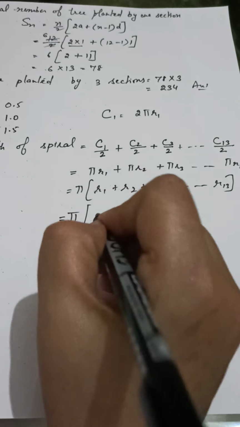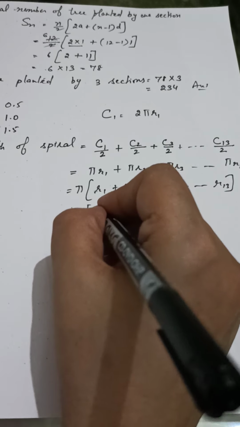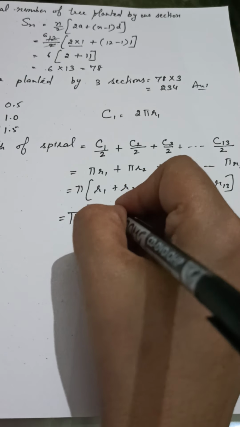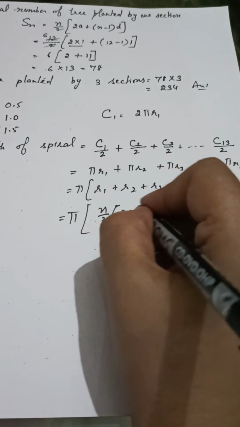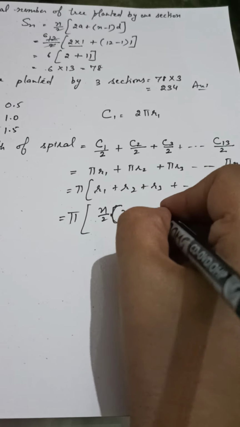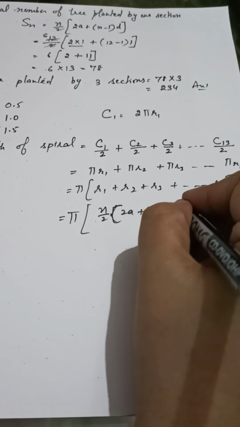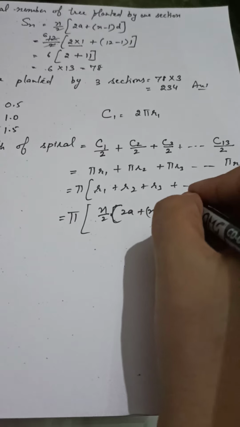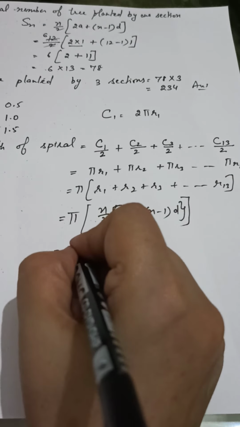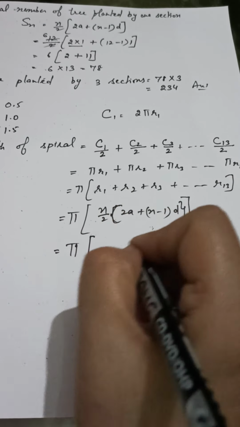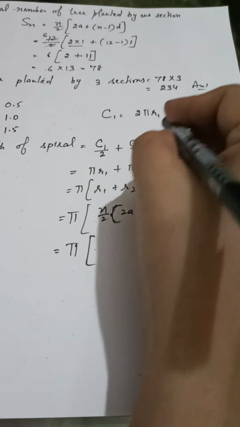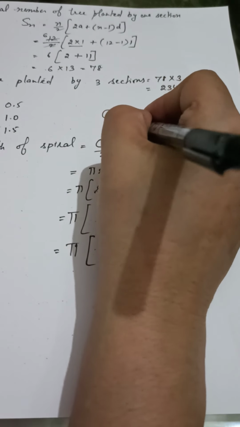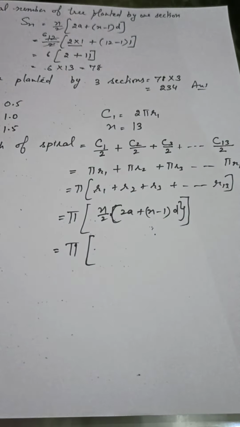The formula of Sn is equal to n upon 2, 2a plus n minus 1 into d. Pi times n upon 2. What is n? N is equal to 13. It is given to us, there are 13 consecutive semicircles.